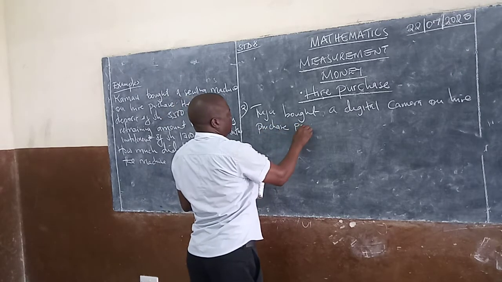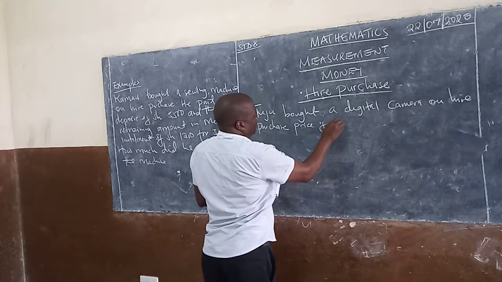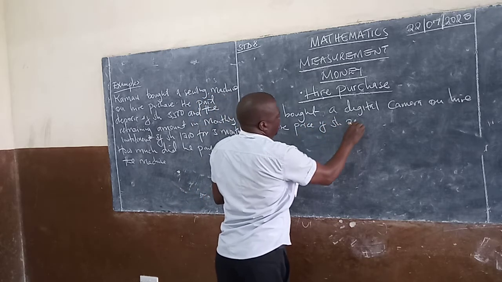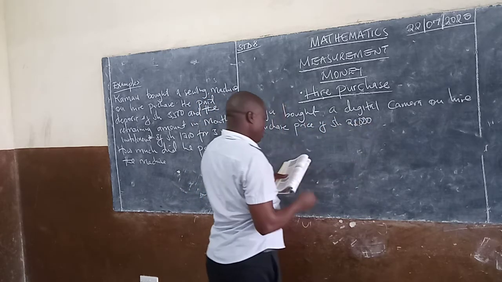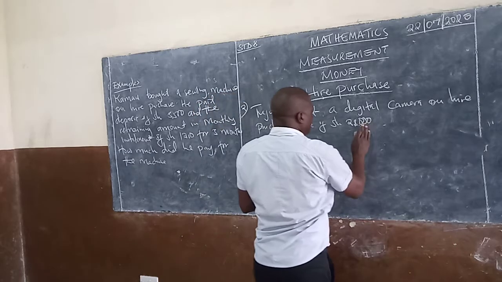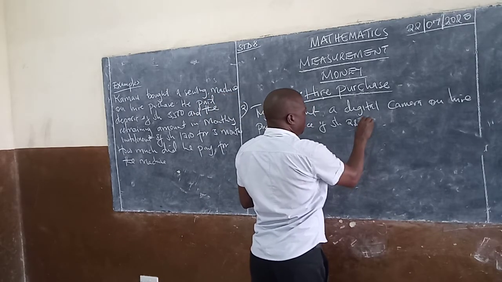Price of 28,000, that is Kenya shillings, 28,300.